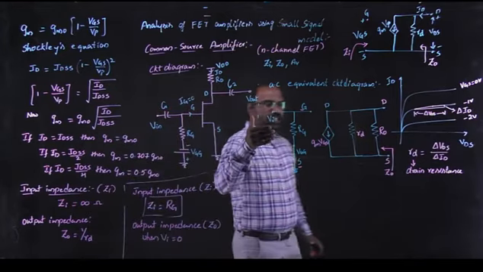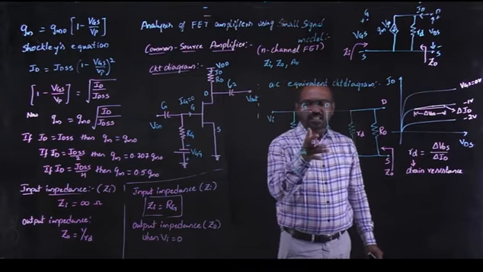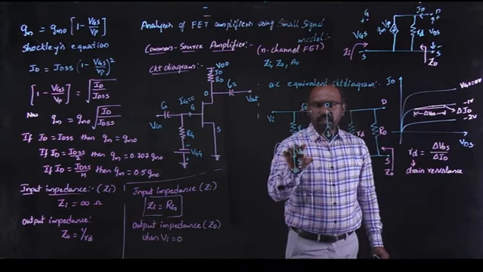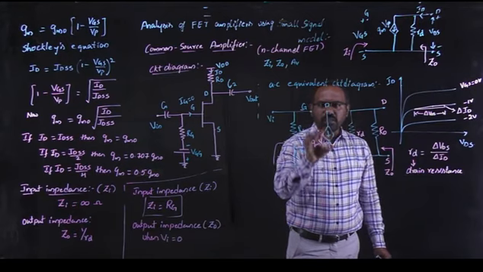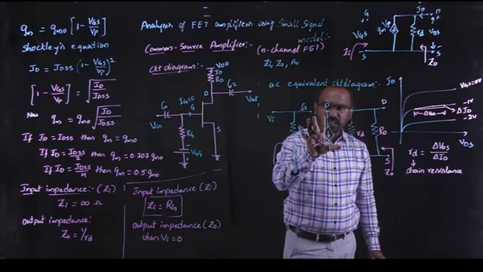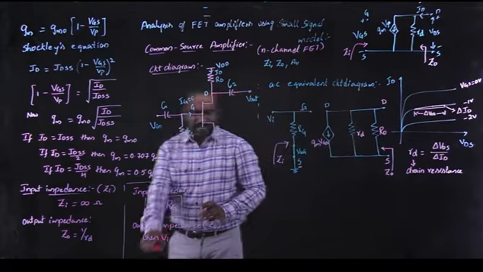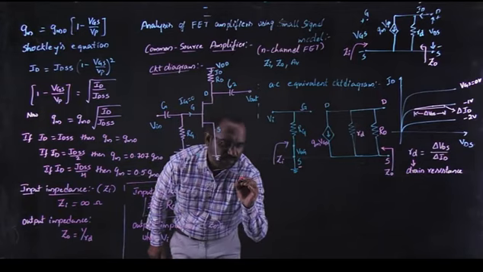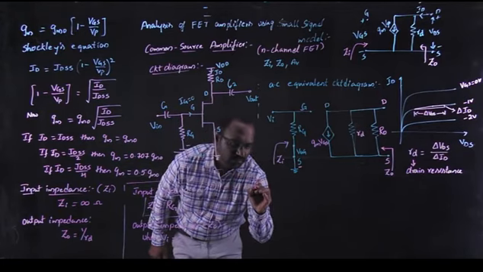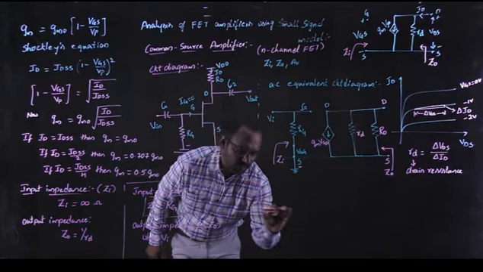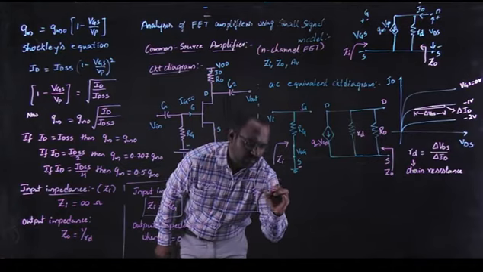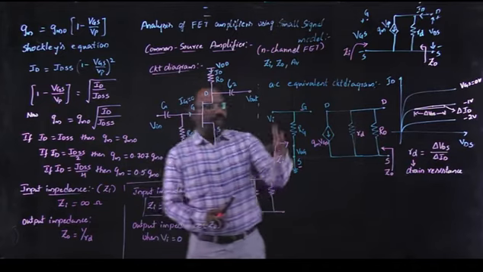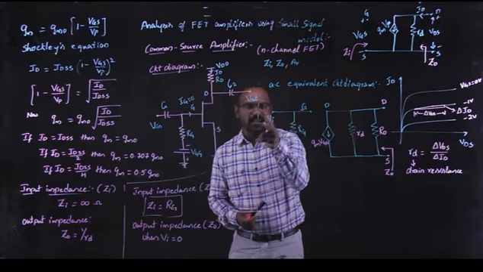When Vi is 0, do we have VGS? Because the gate to source voltage is 0, this term will be 0. That means it is open circuited. That means the equivalent circuit diagram for output impedance will be like this. Here I am drawing. There won't be any input RG, because this is eliminated.